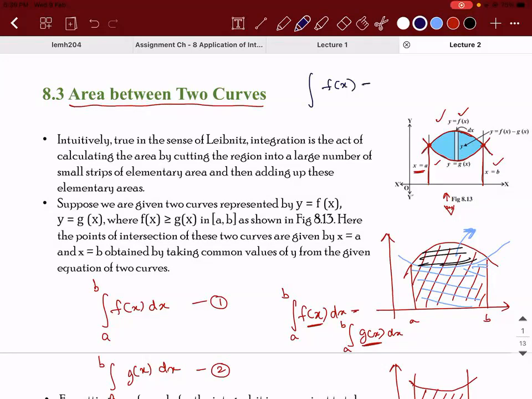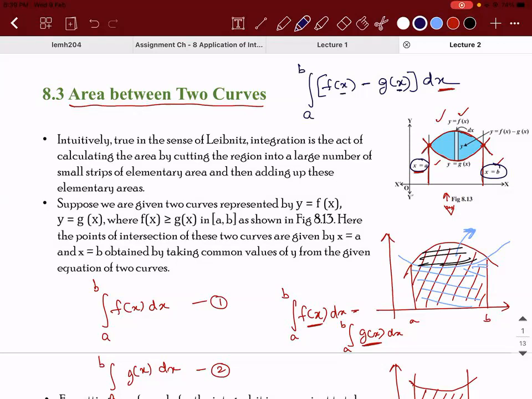So this is the upper graph minus which graph is at the bottom? G of x. Both are functions of x only, so you'll integrate it with respect to dx. Now this x will tell you the limits that you're supposed to take. So what is the lower limit? A, and the upper limit B. This part, if you calculate, you will get the area between two curves.